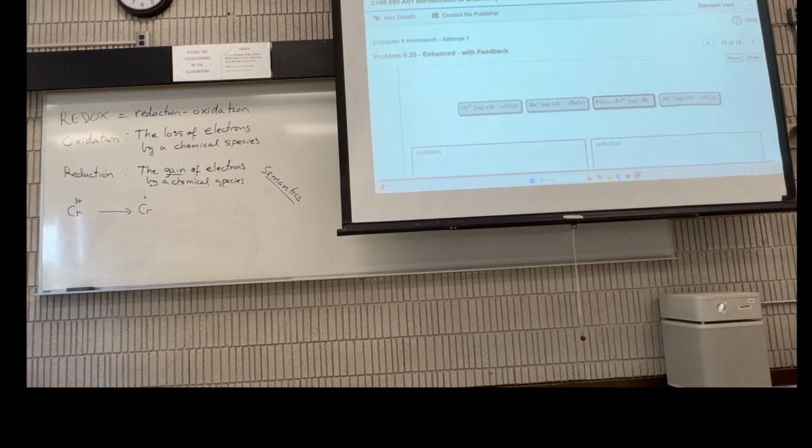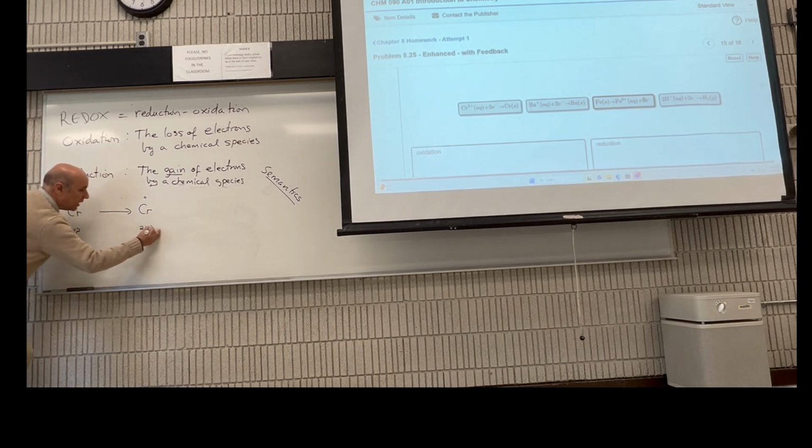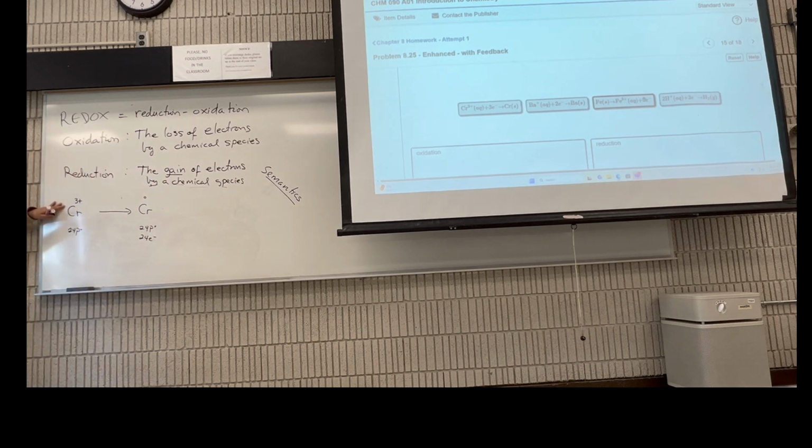All you had to do is go back to the periodic table and do the accounting. This has 24 protons. This has 24 protons, always. That doesn't change. To be 0, this has to have 24 electrons. To be 3 plus, it has to have 3 fewer electrons than 24.